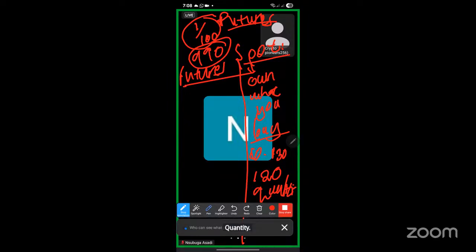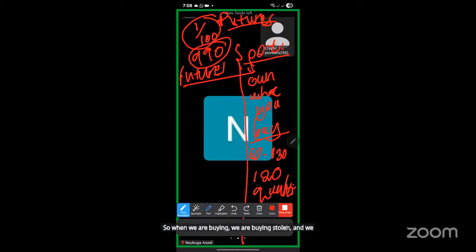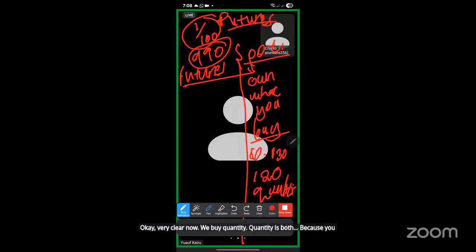Quantity is how many, that is quantity, okay? When you are buying Solana, or any token, we buy quantity. Quantity is bought because you own it. Whenever the market goes down, you still have your quantity.